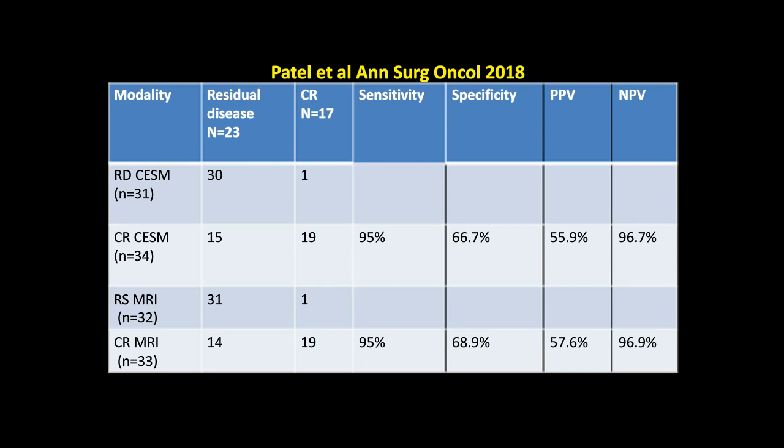Another potential use is to evaluate a patient after she's received neoadjuvant chemotherapy. There is a prospective trial that was recently published by the group from Italy involving 46 women. The studies were interpreted blinded to each other, and they demonstrated that contrast mammography predicted pathologic complete response slightly better than MRI, which was a really nice surprise.